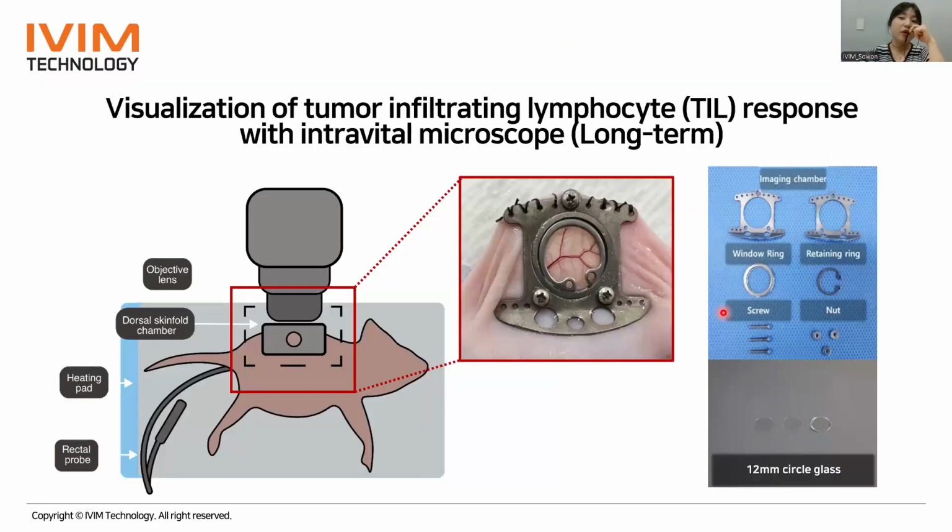Okay, so now I would like to introduce an example where we used our intravital microscopy system together with the dorsal skin fold chamber, to observe tumor infiltrating lymphocytes, or TILs, in real time within the tumor microenvironment.